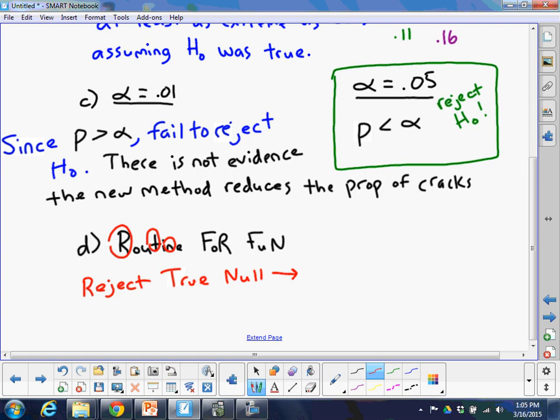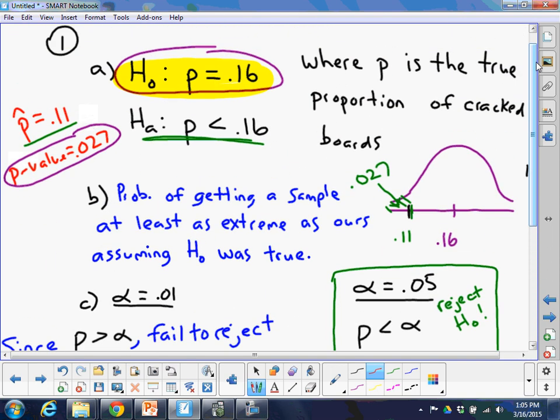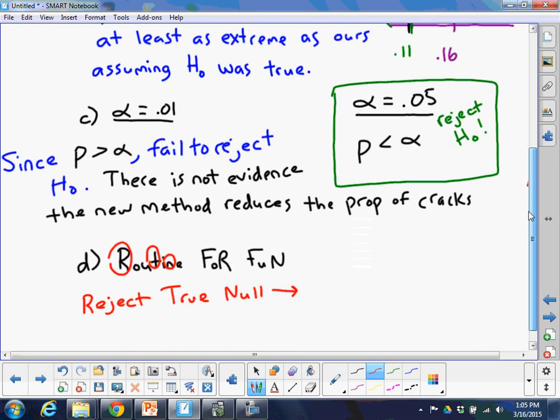What does it mean? Be specific here. Go back to the specifics of the problem. The null hypothesis said that the proportion is 16%. We're rejecting that, but later find out that it's true. If we reject it, we would be going with HA.